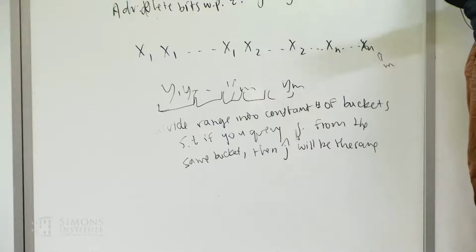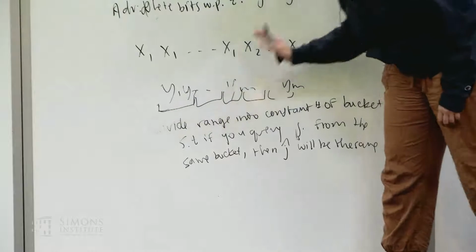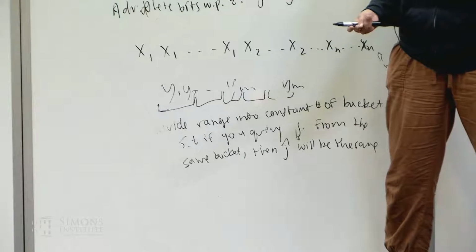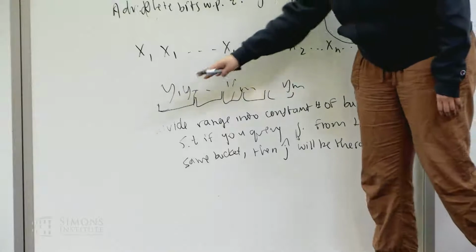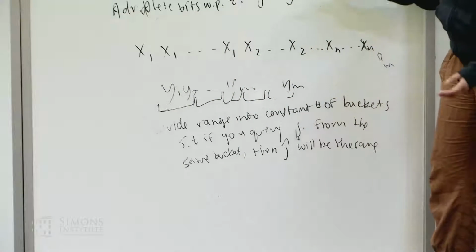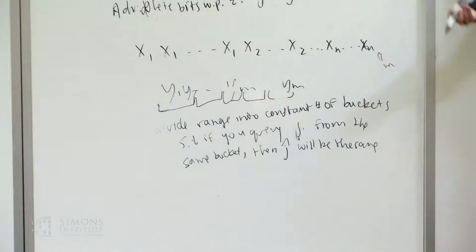Does that make sense? You want these ranges to be a little bit smaller than epsilon n in size, and then this will basically end up being true. Does that make sense?